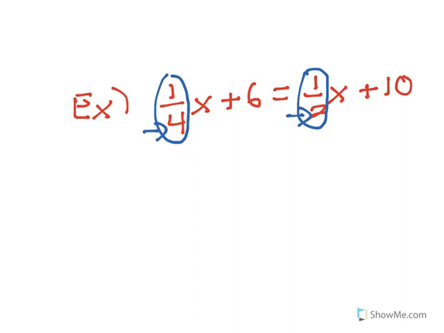Now, what we want to do is pick a number to multiply by that both 4 and 2 will go into. So think of any number you want that you can divide 4 and 2 into. Some of you may have thought of 4, because 4 and 2 both go into 4. Some of you may have thought of 8, because 4 and 2 can go into 8.